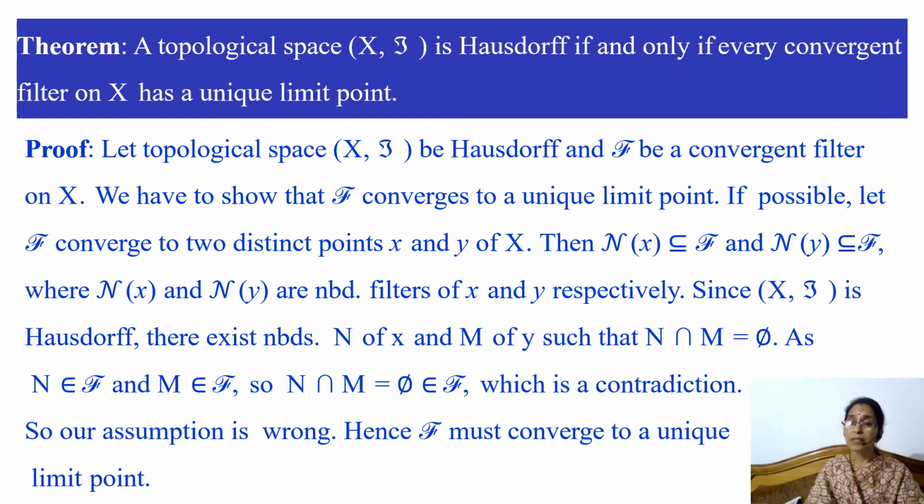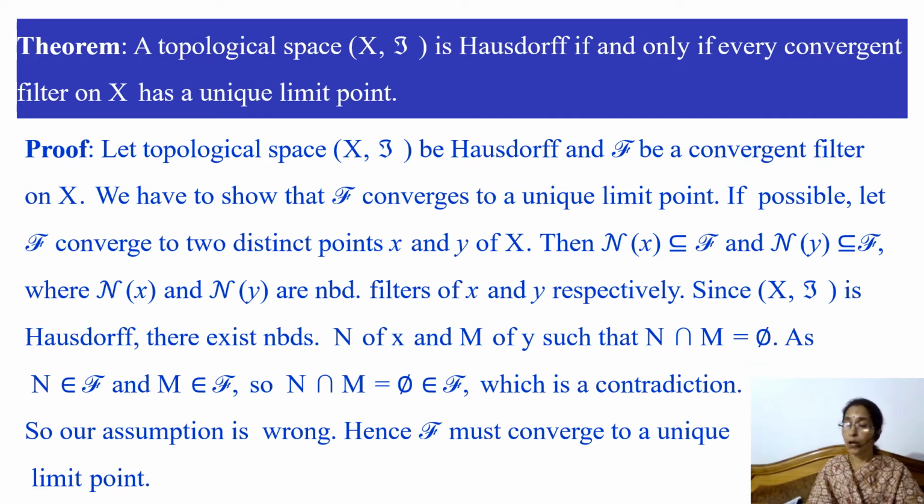That means the collection of all neighborhoods of x, that is N(x), is contained in F. Similarly, since F converges to y also, the neighborhood filter N(y) is also contained in F.